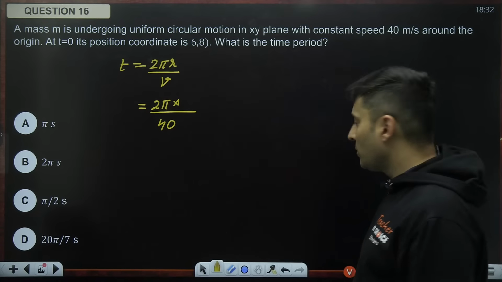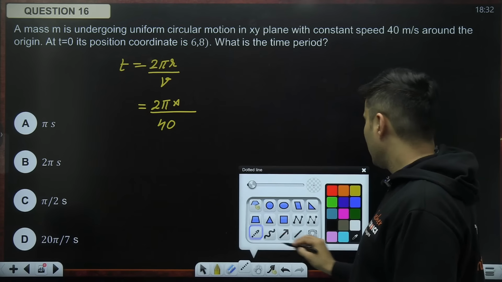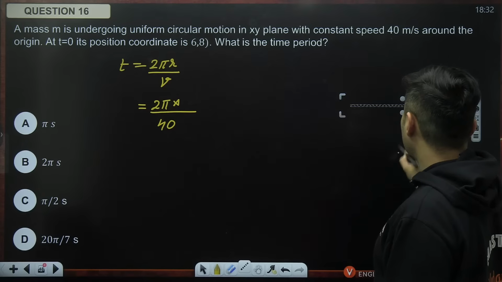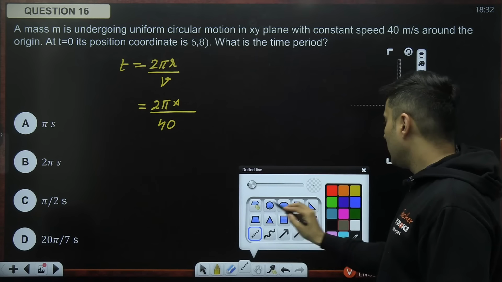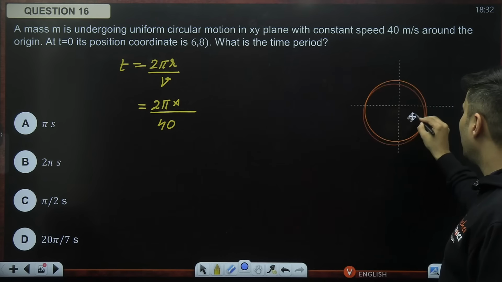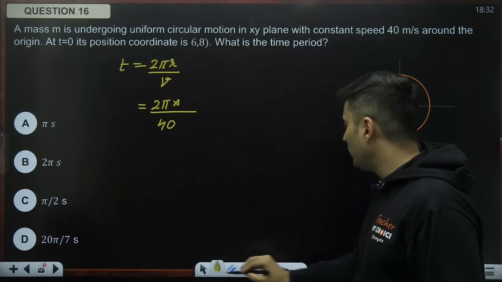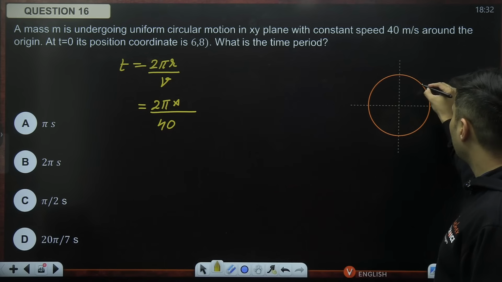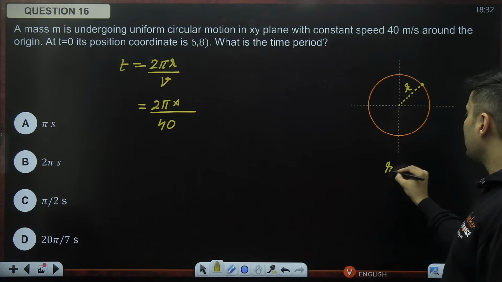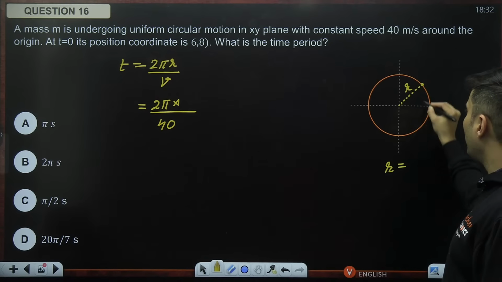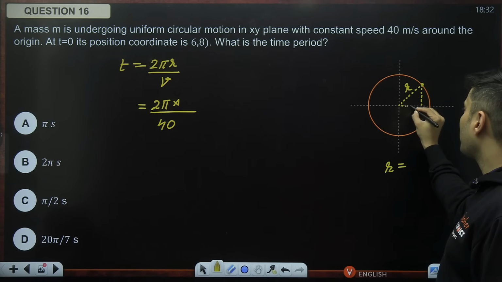So maybe that's why the position is given, because see guys, if this is your x-axis, this is your y-axis, and it is going in a circular path like that, and the coordinates are given to me, so obviously the radius will be the root of x square plus y square coordinate.